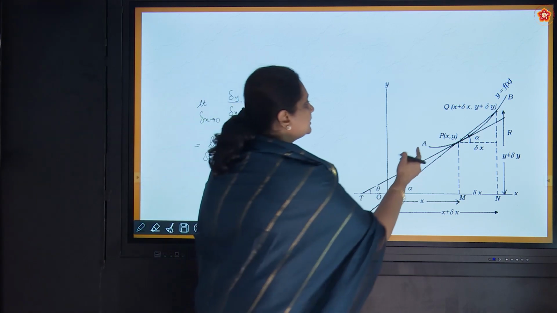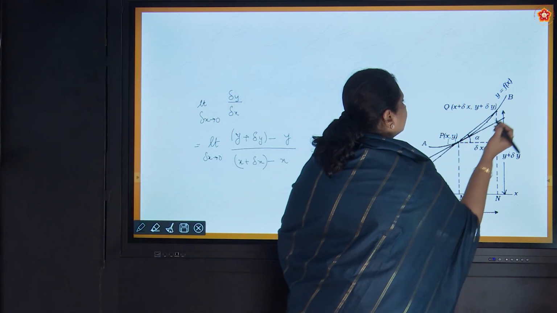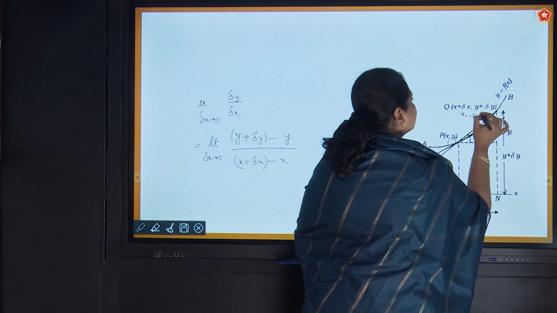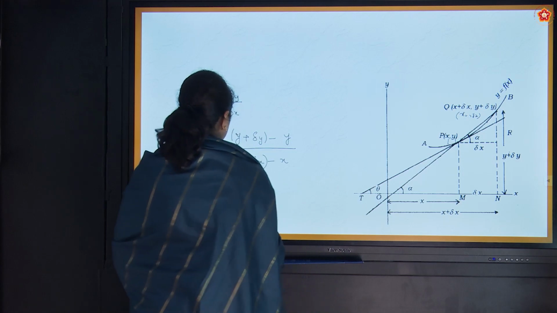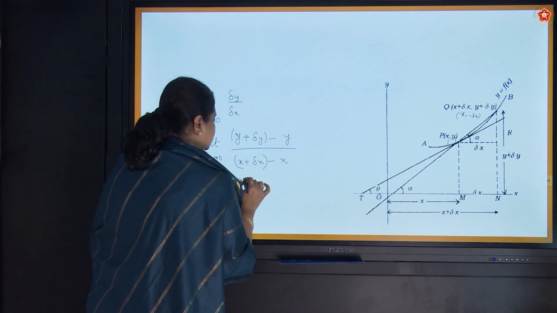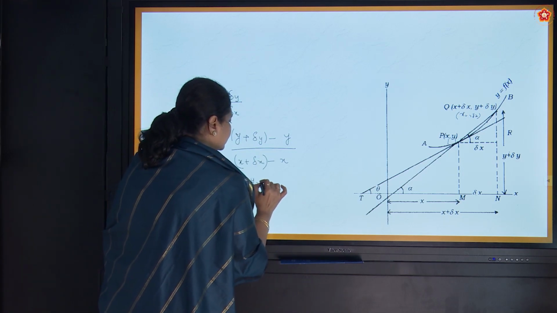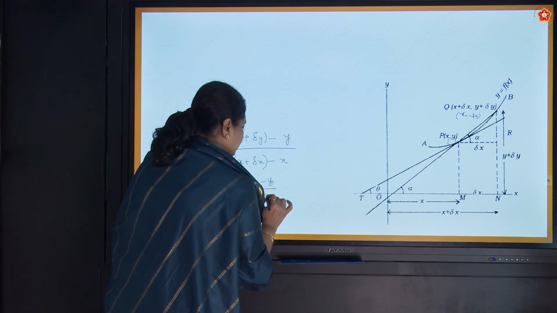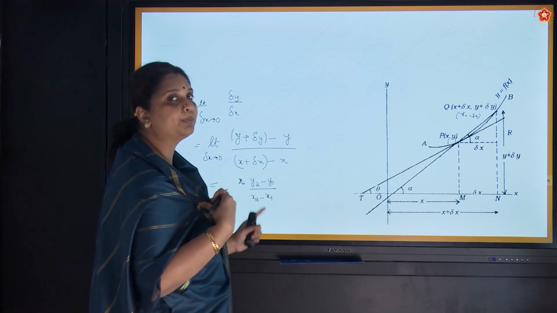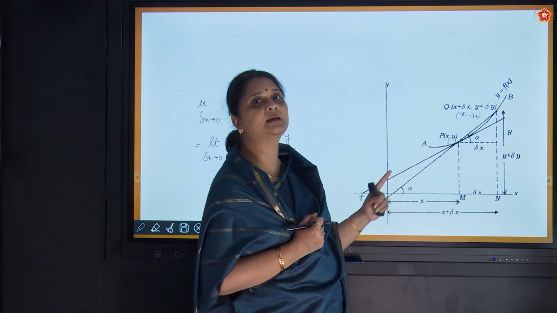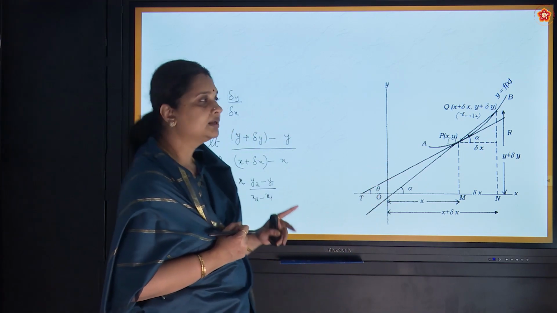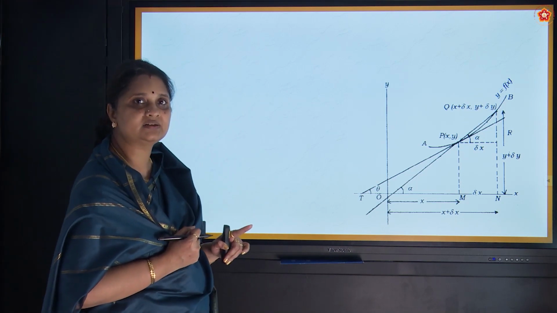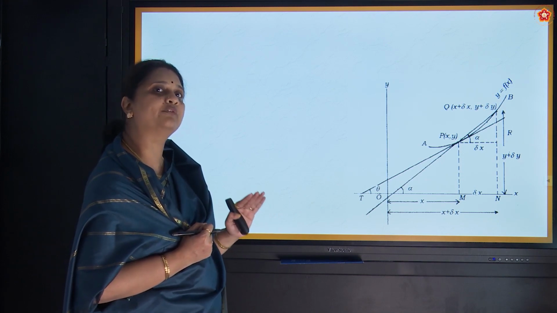So when we consider this as x1 comma y1 and this as x2 comma y2, we are basically talking about y2 minus y1 by x2 minus x1. That's nothing but the slope of the tangent at that particular point P.